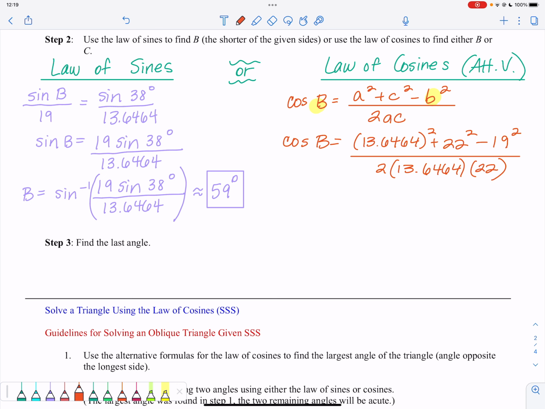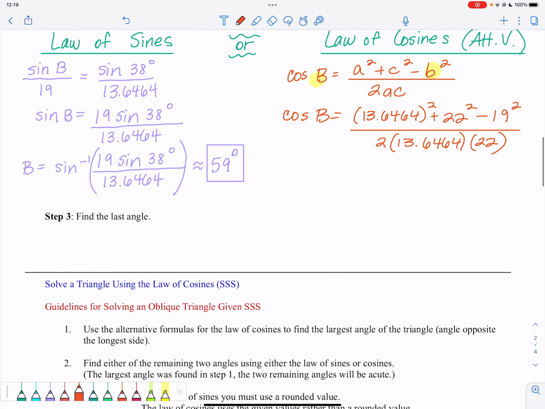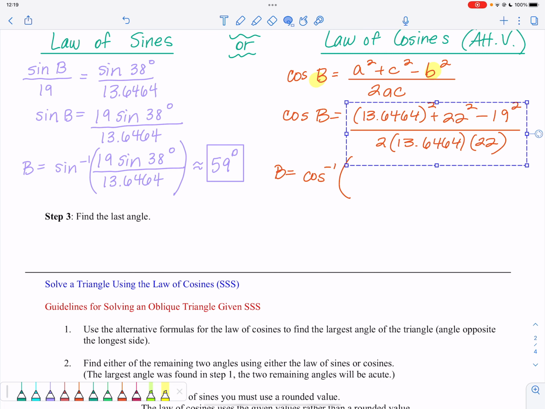Okay, so now we have that B is equal to the cosine inverse of all of this.